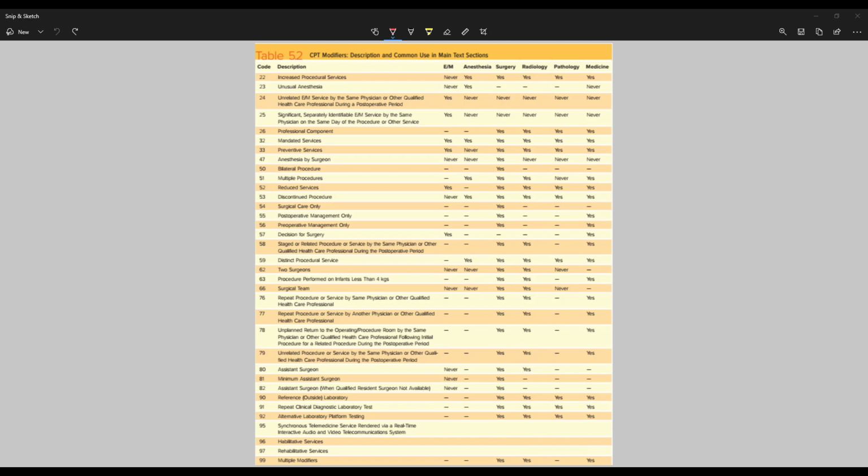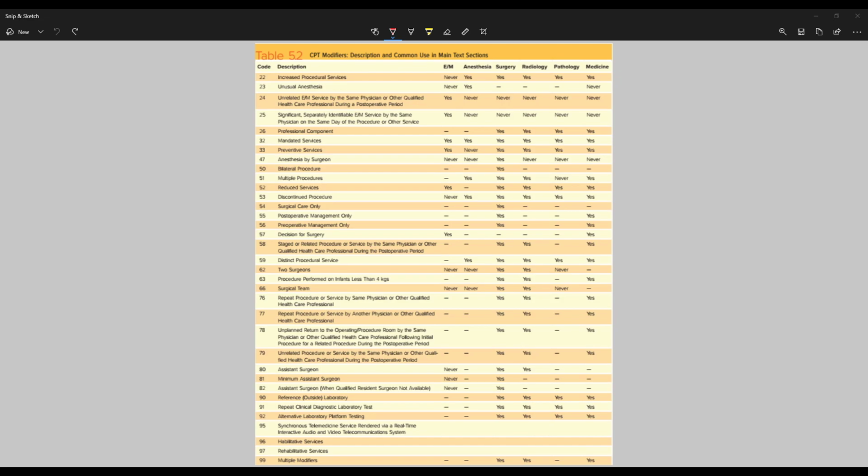But really, they're there to provide more information related to a code. They essentially have two purposes. They can alter the billing. So if we use modifier 50, for instance, the standard for bilateral procedures is that you get reimbursed 100% for procedure 1, and procedure 2 is 50% reimbursement.